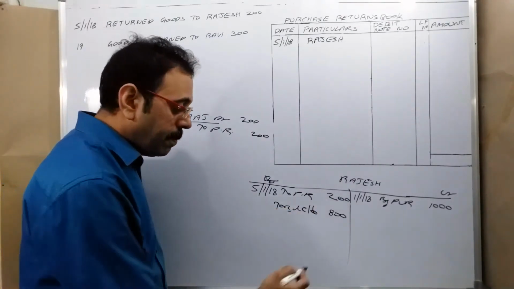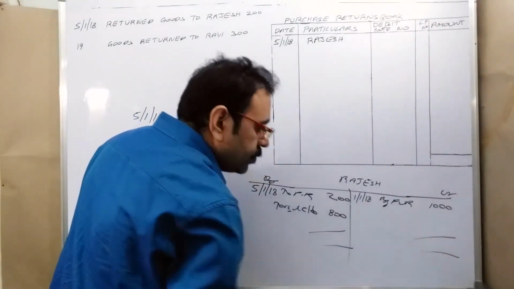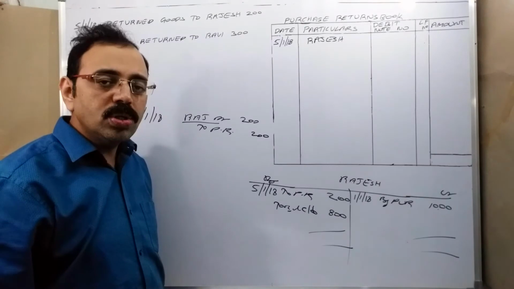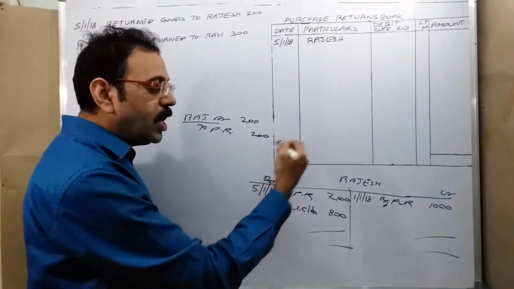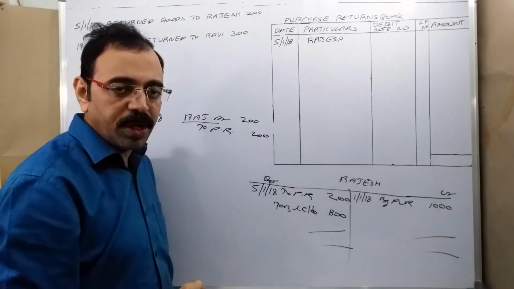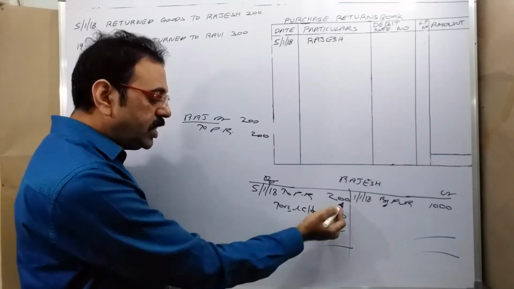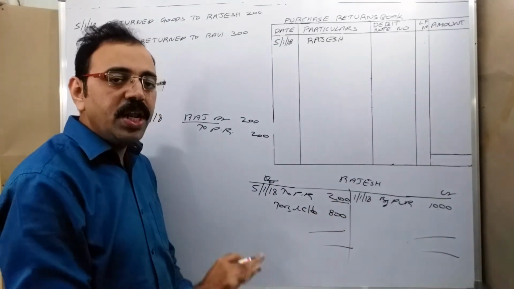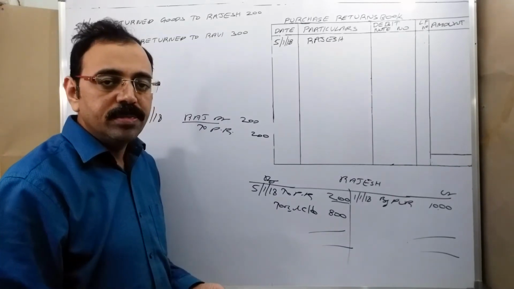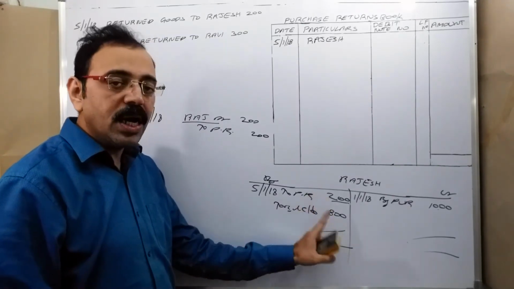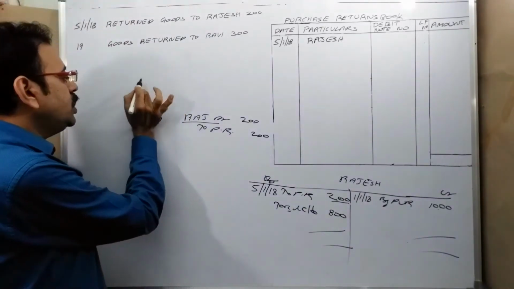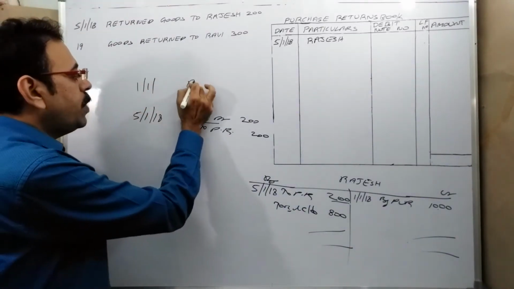This is your balance carried down. So what happened? On first date, when we purchased goods from Rajesh, we were liable to Rajesh for 1000 rupees. But since we returned 200 worth goods to him, now we need not pay 1000. We have to pay only 800 rupees. If you observe here, on first date, what entry did we write?